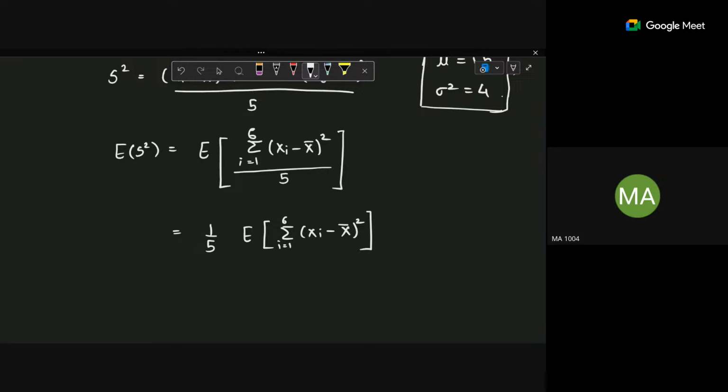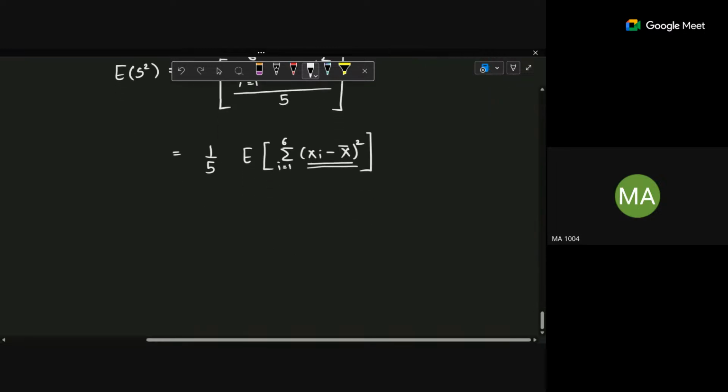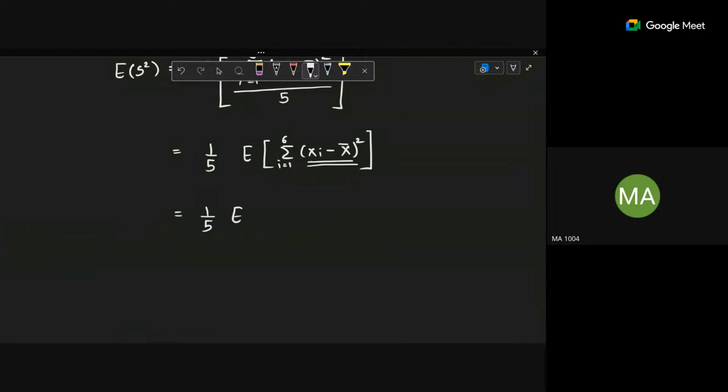Inside, summation i is equal to 1 to 6 of xi minus x bar the whole square. Now it's (a minus b) square. Can you just treat this as (a minus b) square? I'm just expanding it.